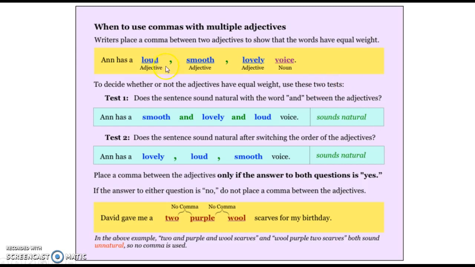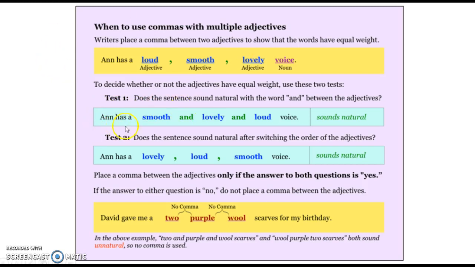So sometimes you will see people put commas between adjectives to describe a noun, such as Anne has a loud, smooth, lovely voice. Okay, loud, smooth, and lovely are all describing voice. So to determine if the adjectives have equal weight and should have commas in between them, our first test, which again I would write this down, does the sentence sound natural with the word and between the adjectives?